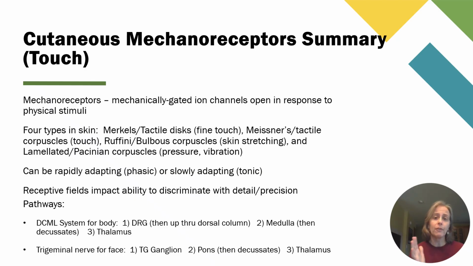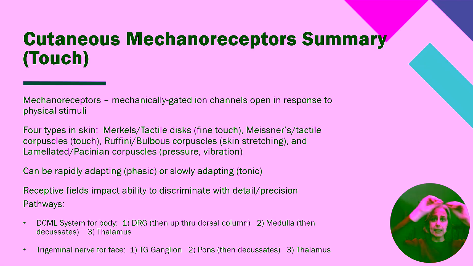Then our different pathways for the general body, it's the DCML or the dorsal column medial lemniscus pathway. So our first order neuron has its cell body in the dorsal root ganglion of the spinal cord. Its axon then travels up through the dorsal column all the way to the medulla where it's going to synapse.